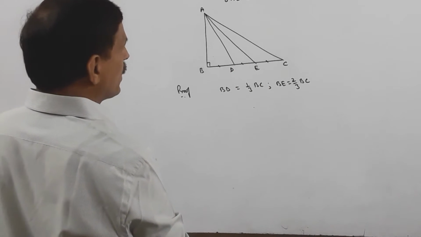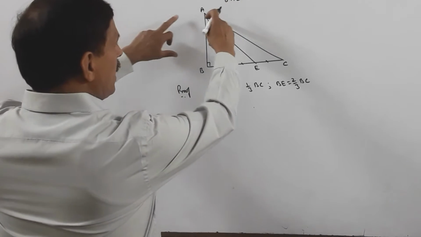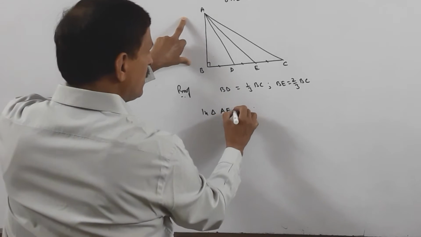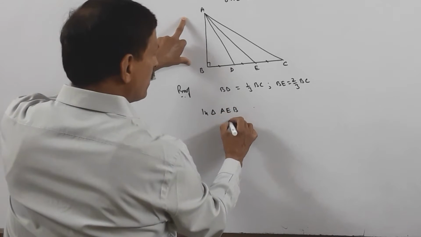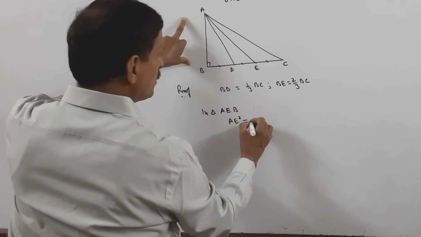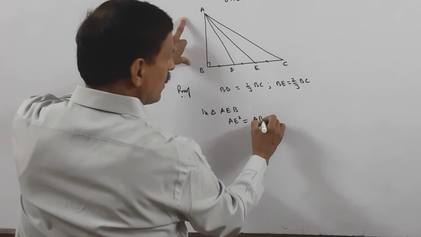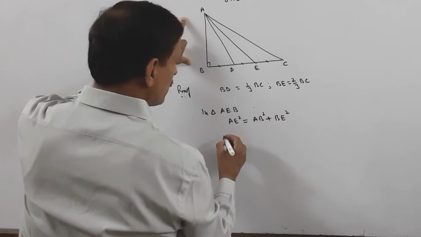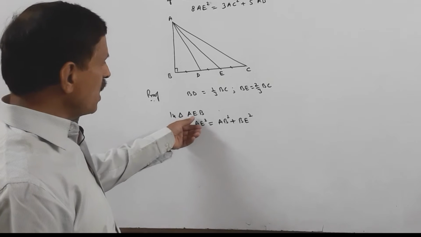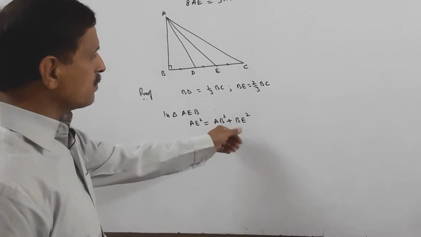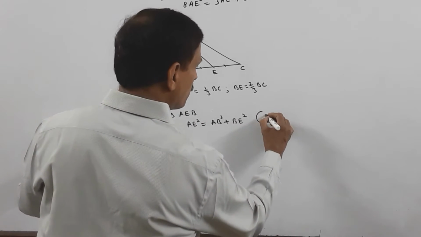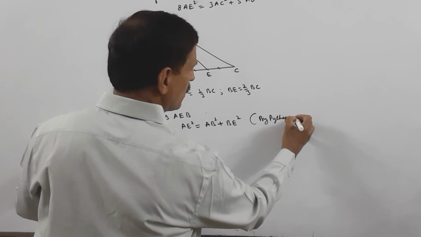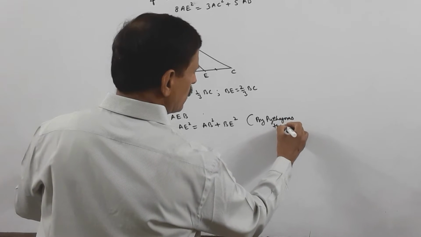Now we consider triangle AEB. In triangle AEB, we have AE square is equal to AB square plus BE square by Pythagoras theorem.